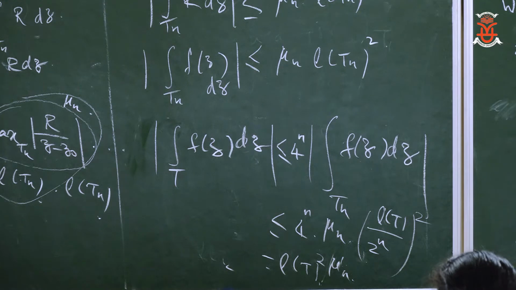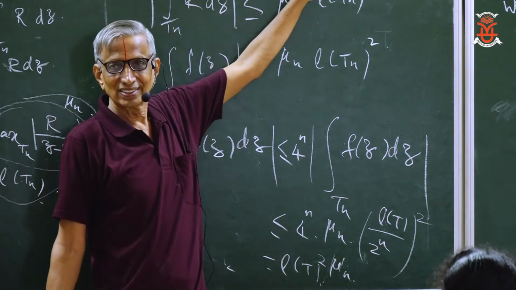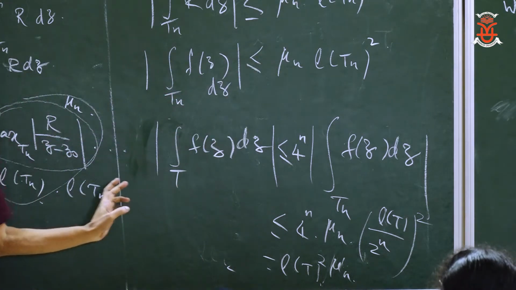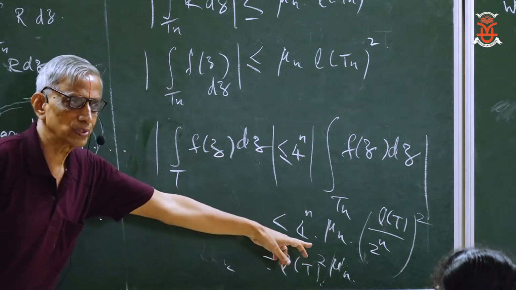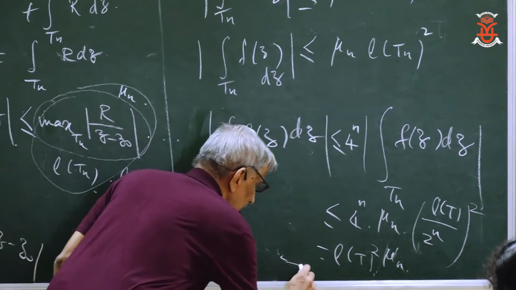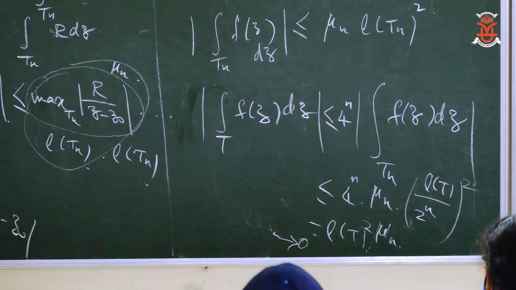Now if n is large, the right hand side is small, because I already said this. The left hand side is independent of n, and the right hand side goes to 0 as n goes to infinity. Which means the left hand side is 0.